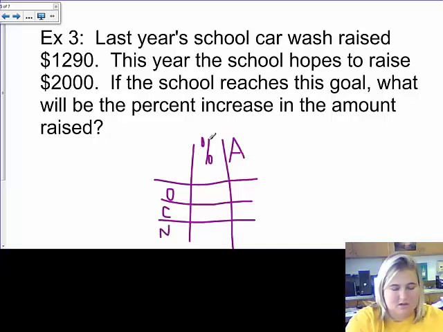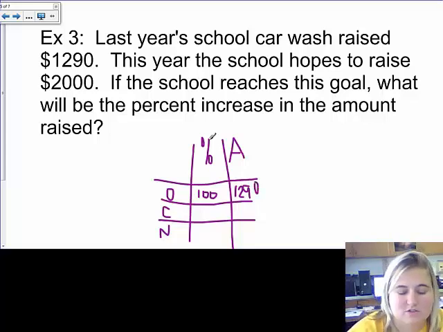My original percent is always 100%, and they raised last year that $1,290. So that's my original amount. That's how much we're trying to increase from. $1,290. That's my starting point. And this year we want to raise $2,000. So we want that to be our new amount raised, $2,000.